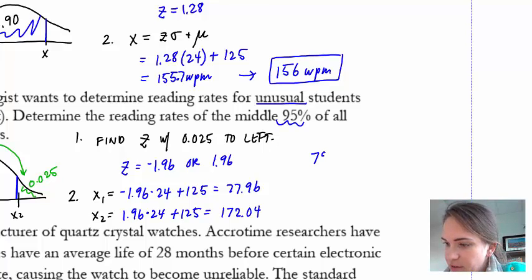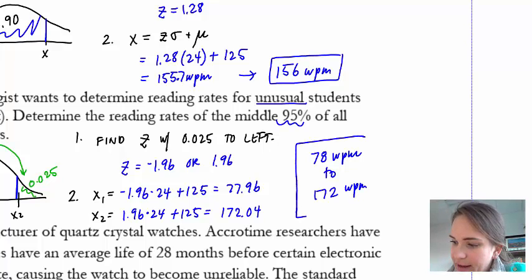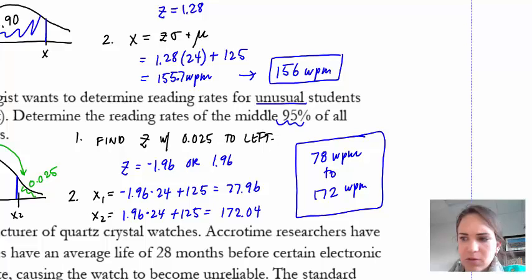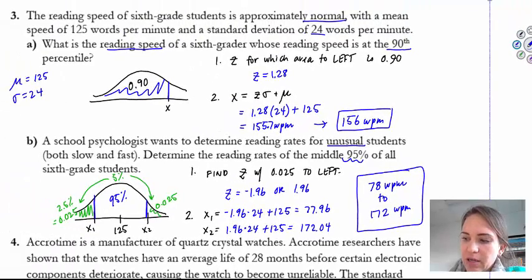So we're going to separate 78 words per minute to 172 words per minute. That's the bracket of the usual, the typical results. 95% of students can read between 78 and 172 words per minute. So if someone comes in less or higher than that, then they would be in the bottom and top 5%, or the top 2.5% and the bottom 2.5%.